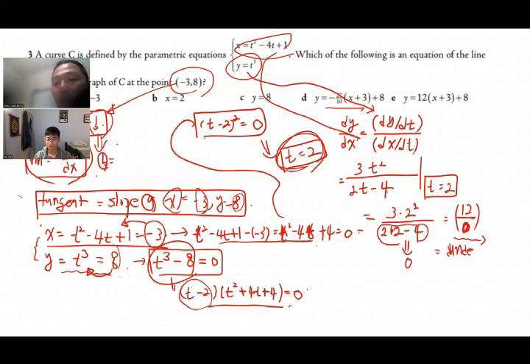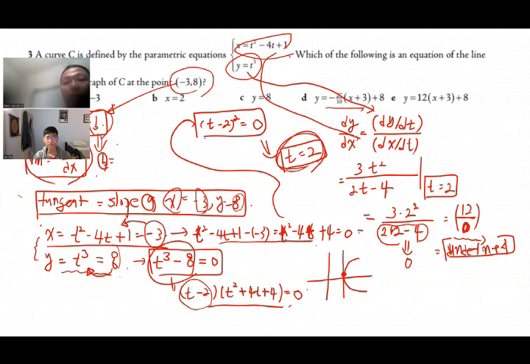So in the case the slope is undefined, most likely that slope should be vertical. When you have some kind of curve and you specify a point on the curve, you want to find the slope of the tangent line at that specific point.